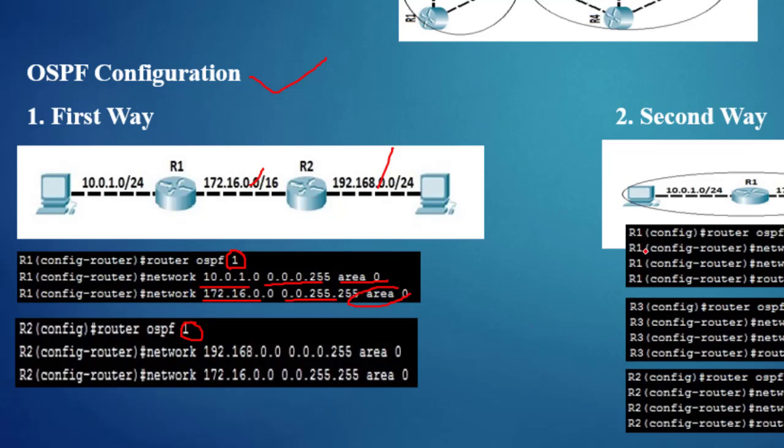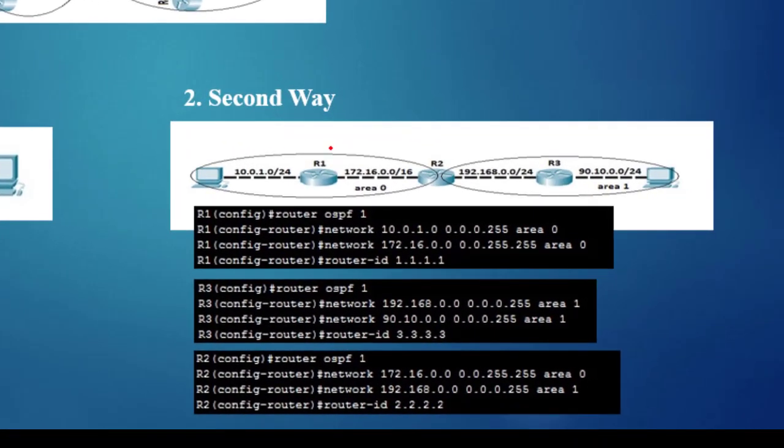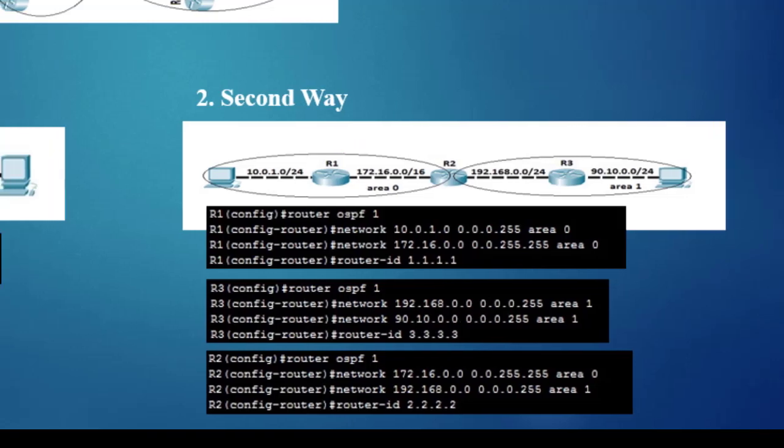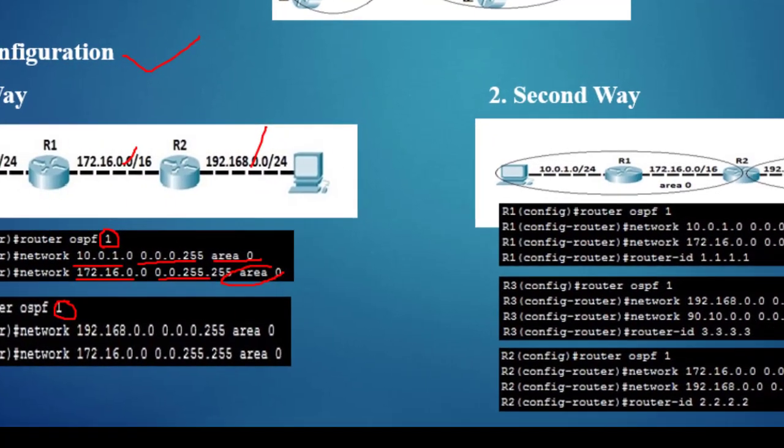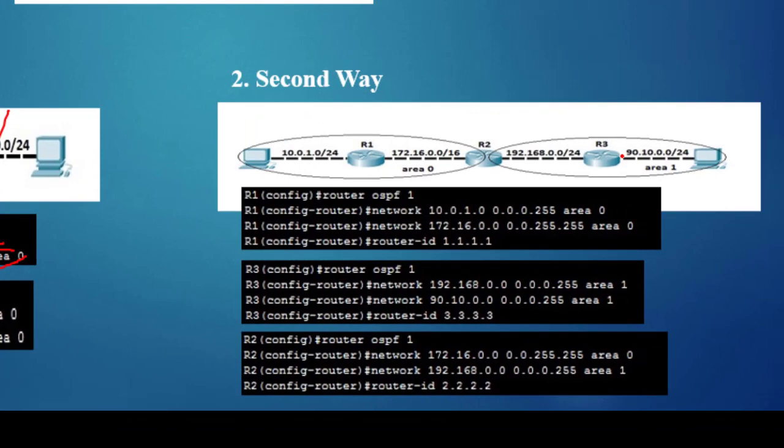Good guys, so let's go to the second way. In the first case we had only 1 area, but now here we have 2 areas. So we start our configuration with the same commands, router ospf, the same autonomous system number, and then router 1 advertises this network with the wildcard mask of this one, then this network with its wildcard mask, and the area.